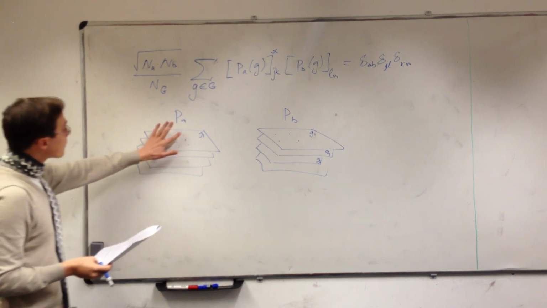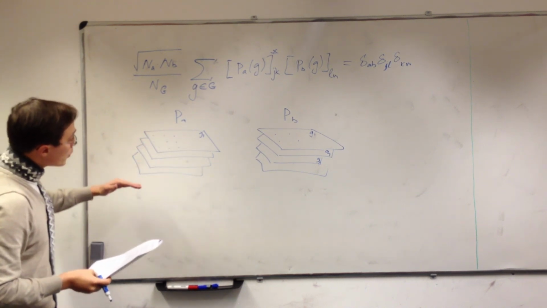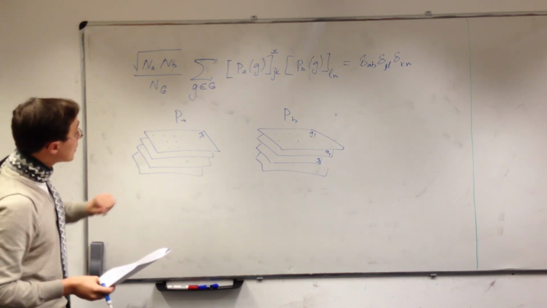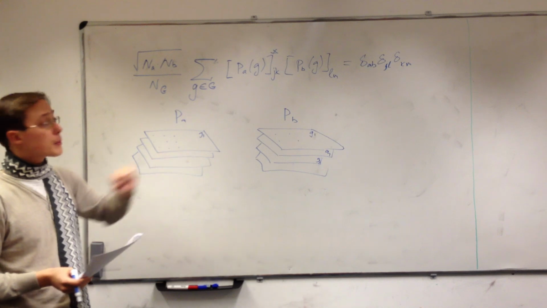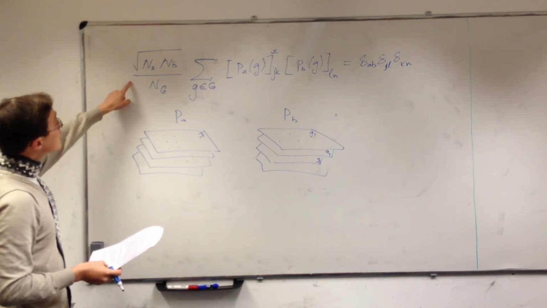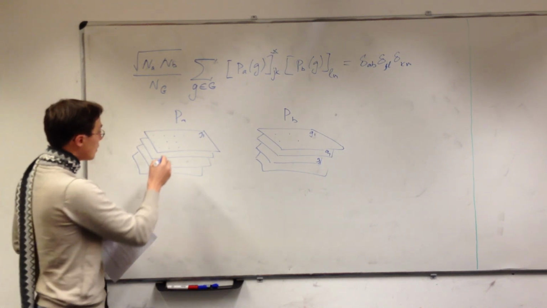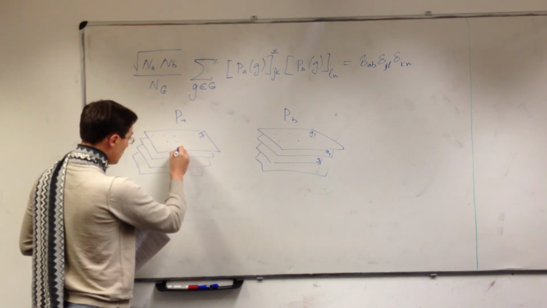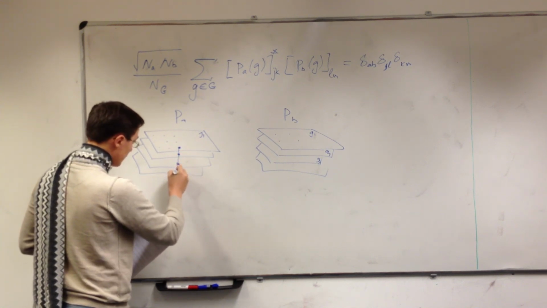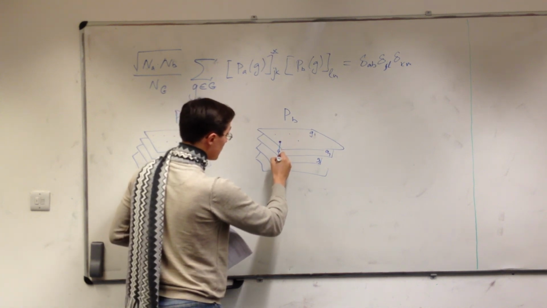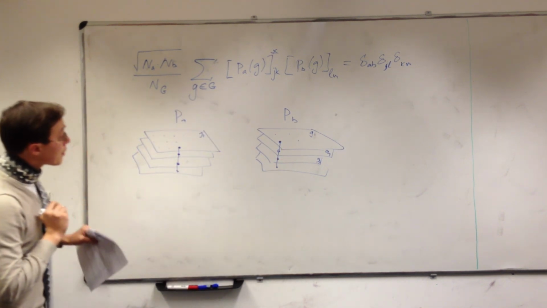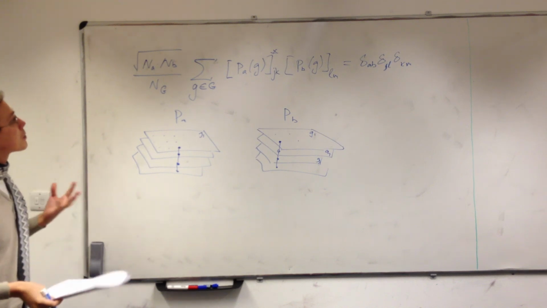But the stack will have an identical height because the number of elements in the group is the same for both representations. So what this theorem says is that this column of elements and this column of elements are mutually orthogonal.